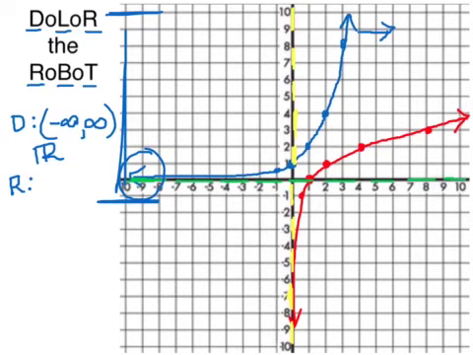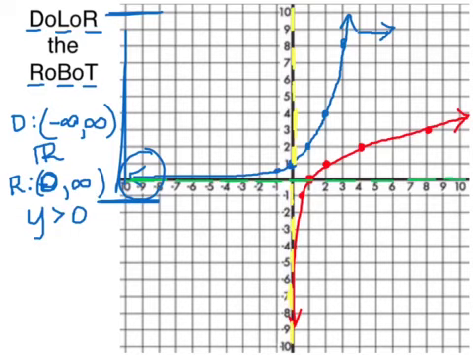Well, it never goes lower than the x-axis, which is the y equals 0 line, and so you could say y always has to be greater than 0. It's not greater than or equal to because it doesn't touch the x-axis. It's just going to get closer and closer to it. Then the range from bottom, you would say 0, and then top, it goes up forever, so it's positive infinity. That is your range.